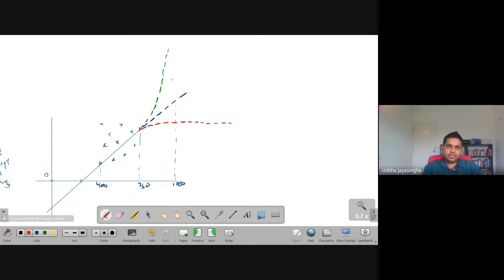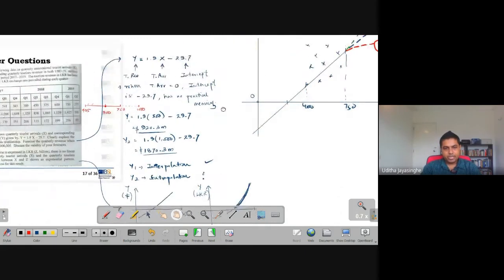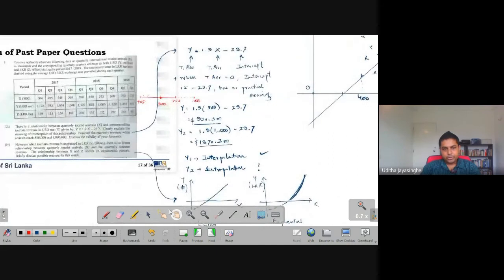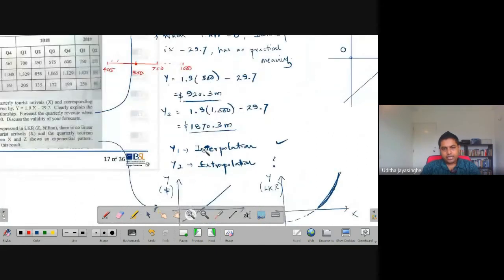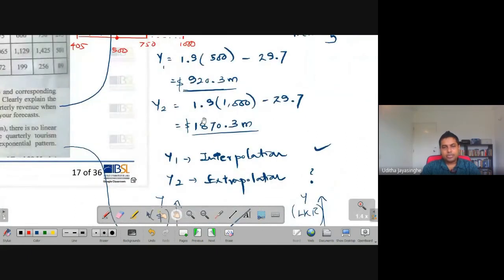So either this value that you calculated could be the value that is over here, or a value somewhere over here, or maybe somewhere over here. So this is going to be a questionable point. We are not very sure whether the relationship that we used to build this particular model is going to be true at this high level of 1000 also.